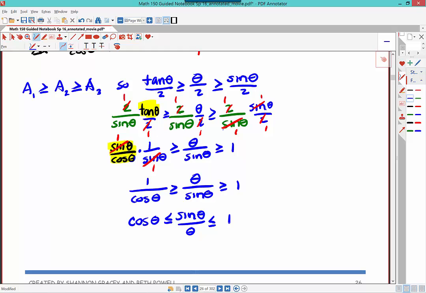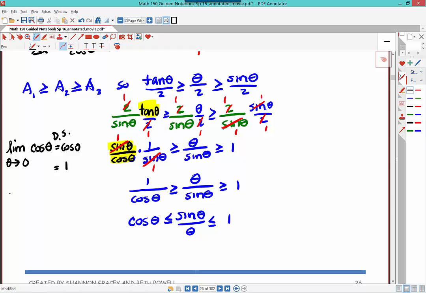Now, this is the beauty of it. So let's do some side work. The limit as theta approaches 0 of cosine theta is what? Good. Cosine 0 by direct substitution, which is 1.